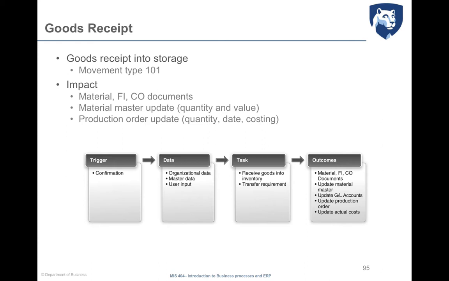Finally, after the production has been completed and confirmed, the materials produced are placed in finished goods inventory. So the production is okay, we have realized the quantities requested in the production order, we put the finished goods in the inventory. This step is accomplished by comparing goods receipt to the production order in order to understand if they match.